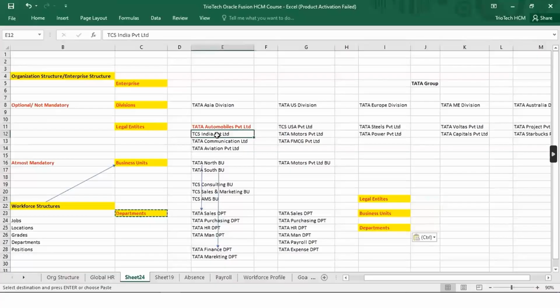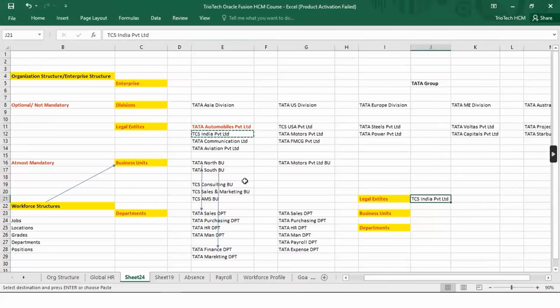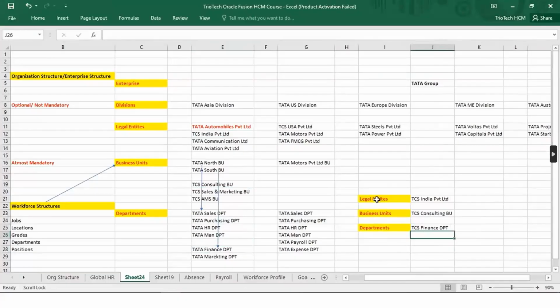Let's say I'm hiring an employee in TCS India Private Limited. Next, in which BU you are hiring the employee: in TCS Consulting BU. In that BU, in which department you are hiring the employee: let's say in TCS Finance Department. So when you hire the employee, the system will ask us this information.